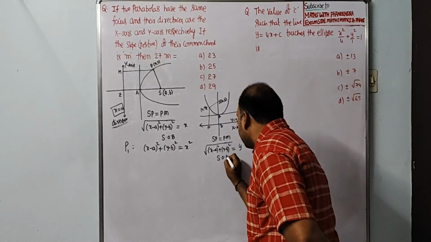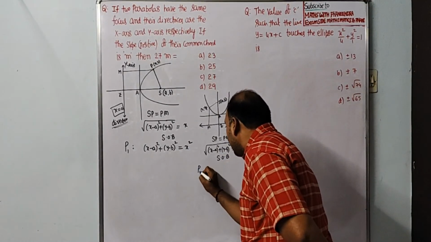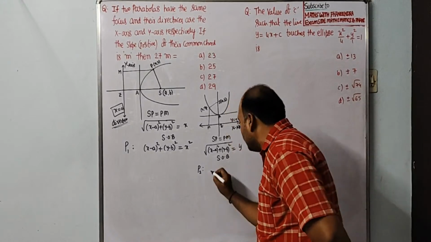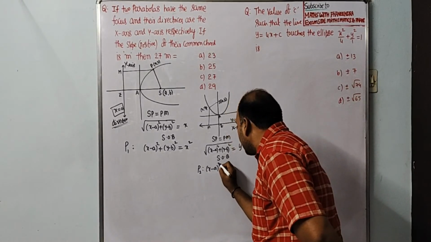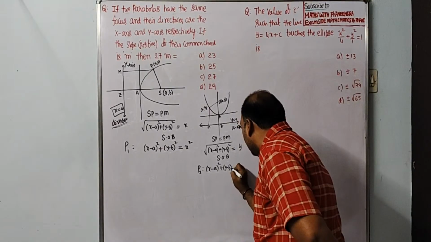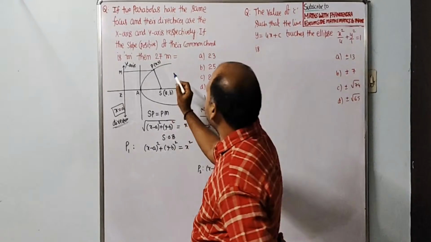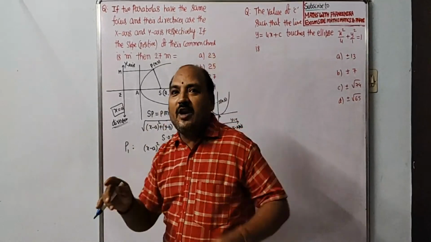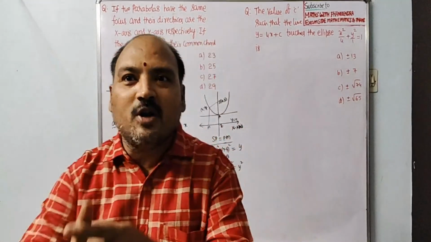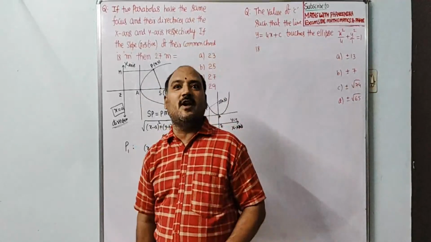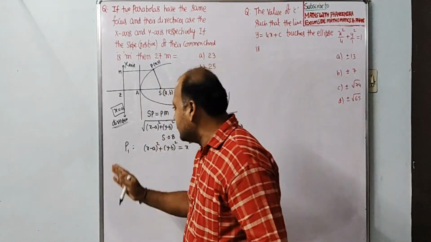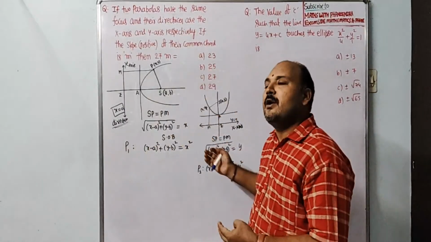Squaring on both sides, you will get the second parabola equation. P2: (x minus a) whole square plus (y minus b) whole square is equal to y square. So they are asking to find their common chord. Whenever two circles, two parabolas or two hyperbolas are there, how to calculate the common chord? First parabola minus second parabola.